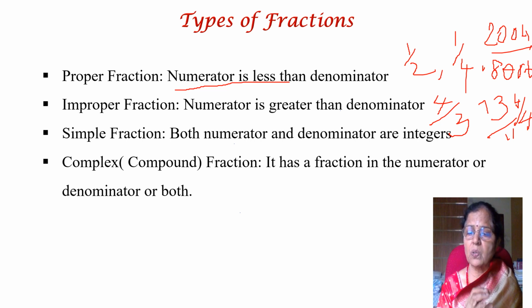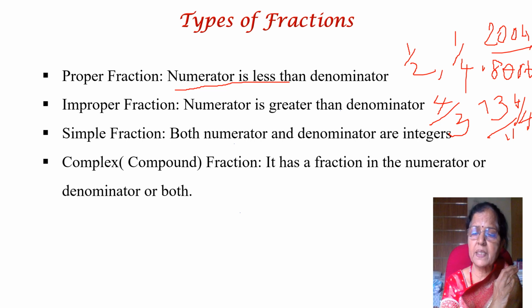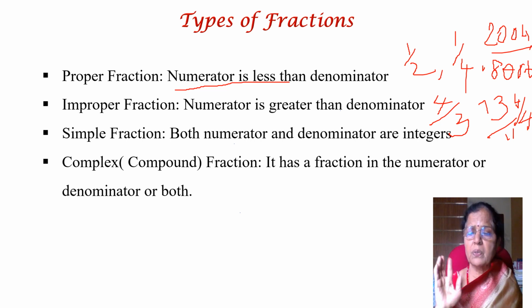Zero is included, which is the neutral number, and minus numbers -1, -2, -3 on this side of the number line, and also positive integers +1, +2, +3, +4. Any whole number is an integer, zero is a neutral integer, and all minus numbers are also integers, but they're all whole numbers, no fractions. So all the above are simple fractions, where integers are involved both in the numerator and in the denominator.